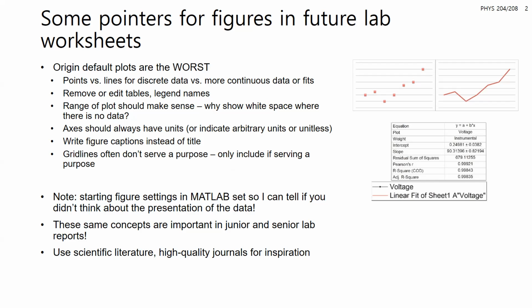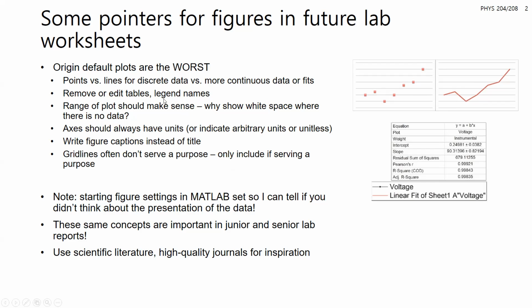But there's an interplay: if you're collecting at a very fast rate, and all of your points run together and the data is continuous based on the scale you're representing it, then you might want to use a solid line. So think about the purpose of the data there.